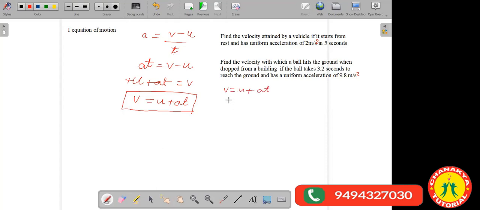Here v equals u, which we know is 0, plus acceleration 9.8 multiplied by t, which is 3.2. So you need to multiply 3.2 by 9.8. That is 31.36 meters per second.